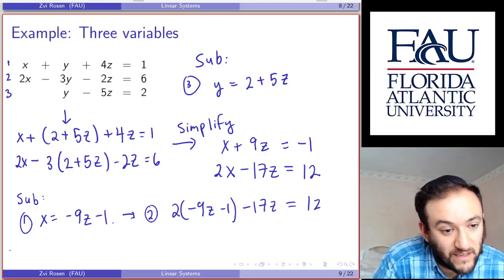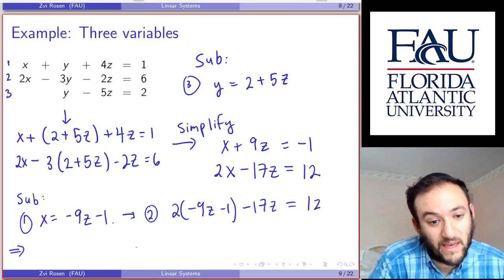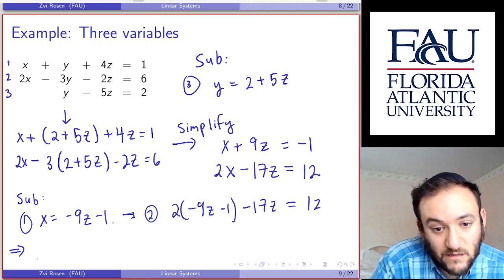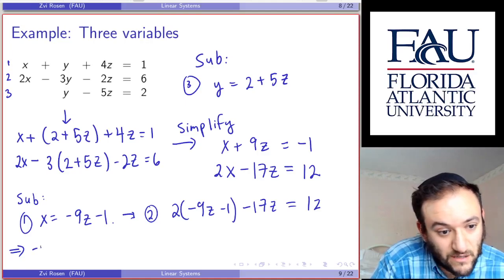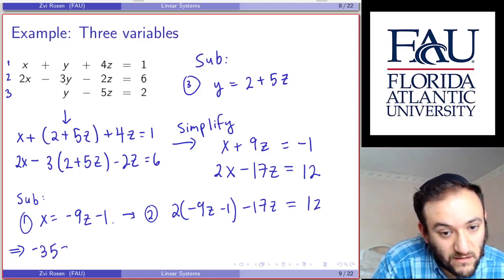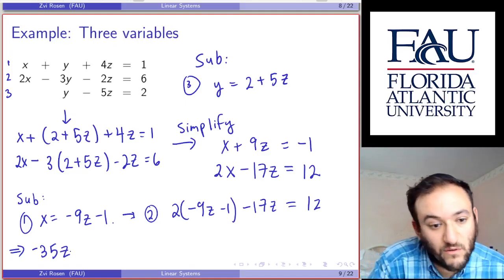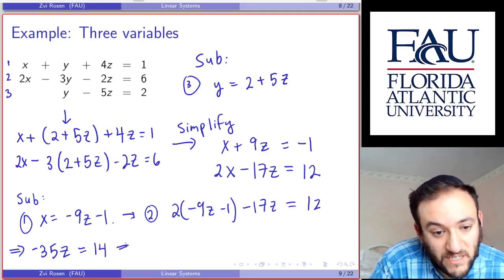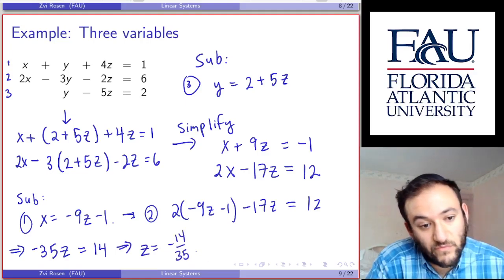Okay, simplifying, that means that we have minus 18z minus 17z, so that's minus 35z minus 2. So I'm going to put the minus 2 to the other side of the equation to get 14. And we obtain z equals minus 14 divided by 35.